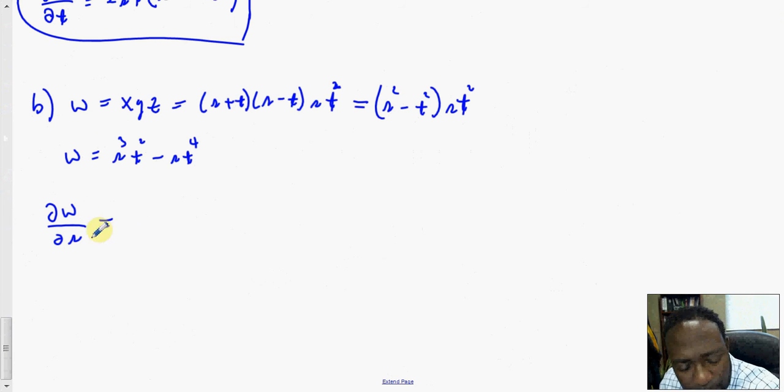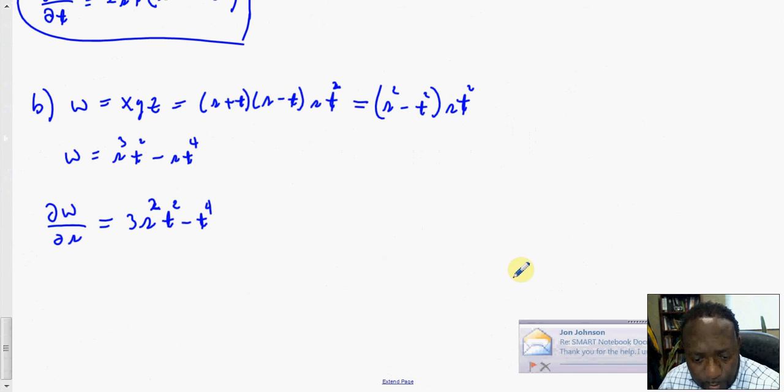So anyway, this is 3s squared t squared minus t to the fourth.